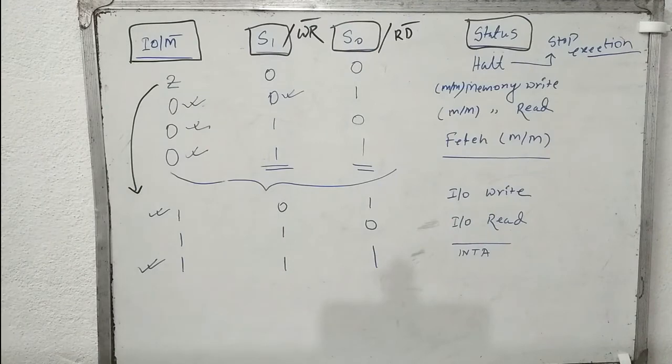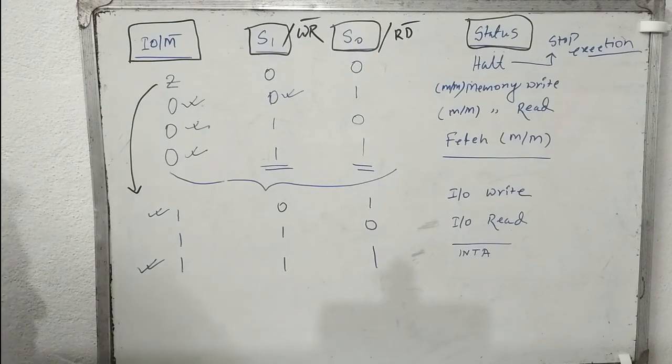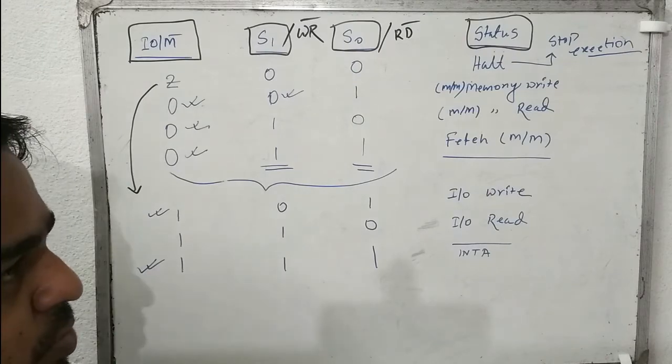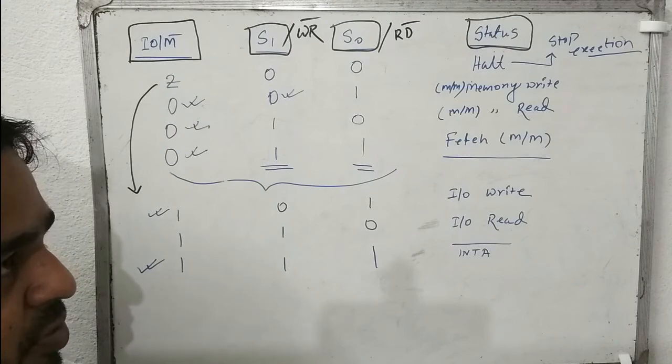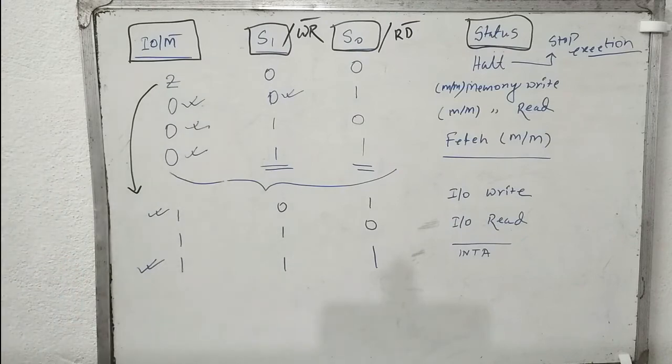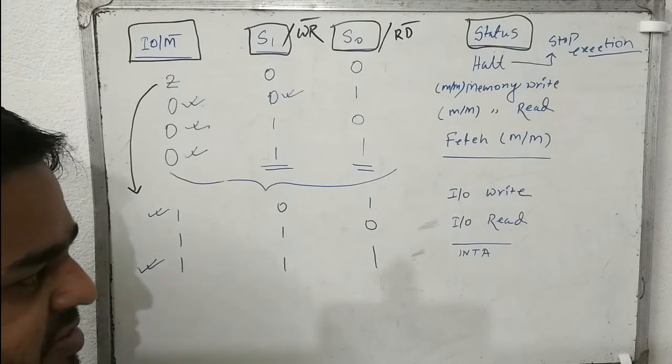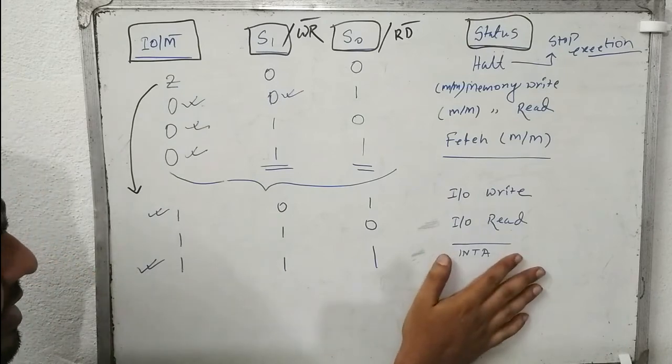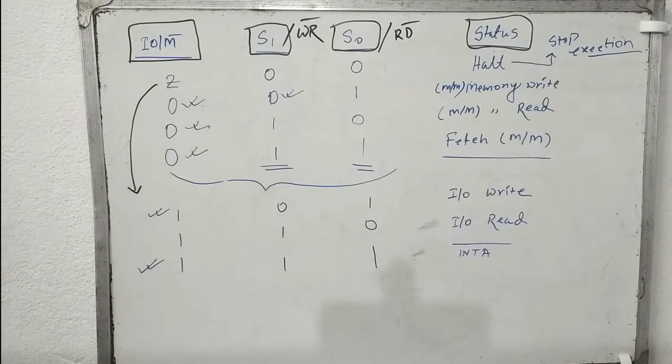INTA. We have seen in the previous architecture of 8085 the interrupt control block, the block which helps the microprocessor communicate with external devices. We have seen the INTA signal, the interrupt acknowledgement signal.